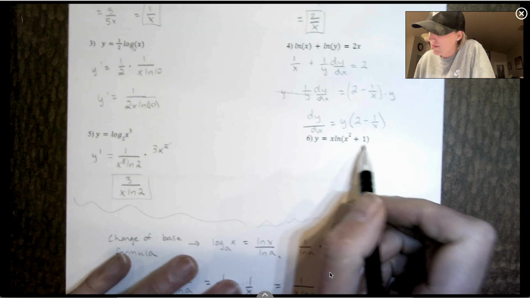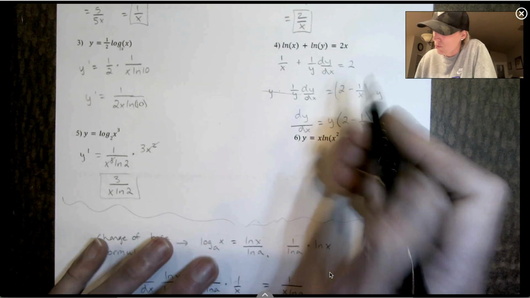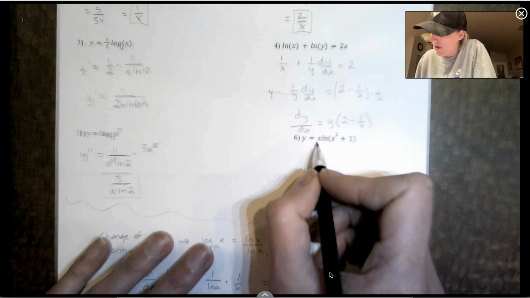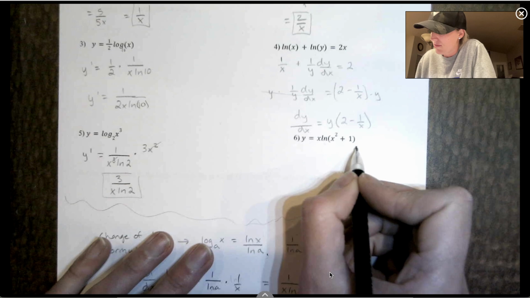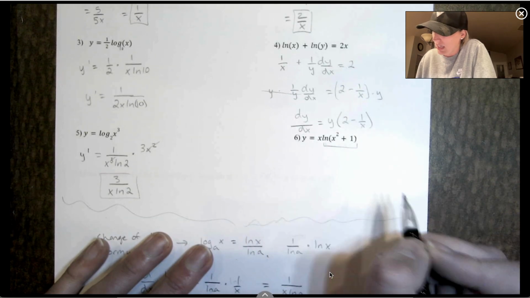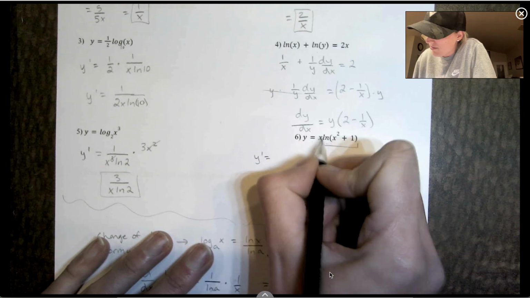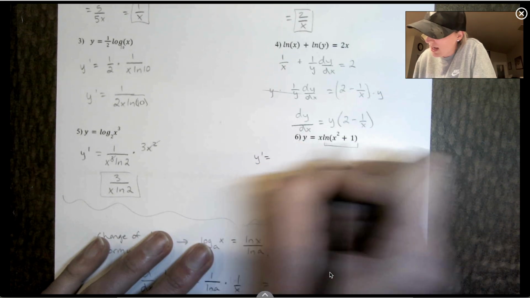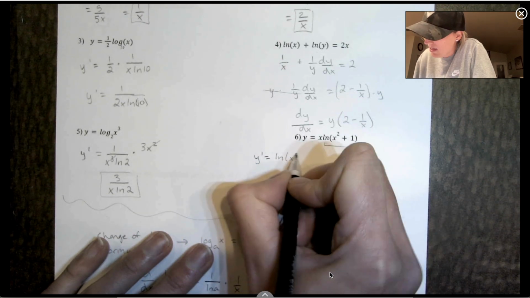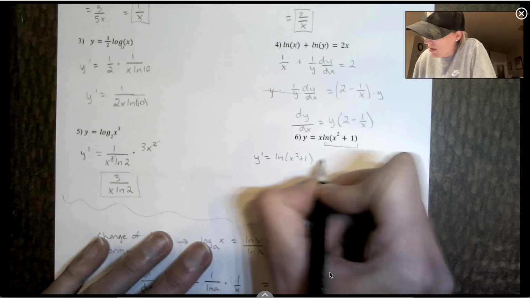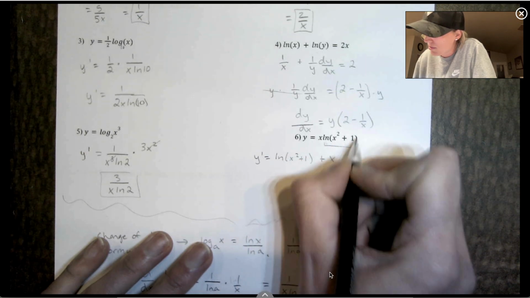All right, this guy. We have a product: x times this, which is kind of the second piece. Using the product rule, the derivative of x is just 1, and 1 times this guy as is, plus x times the derivative of this.